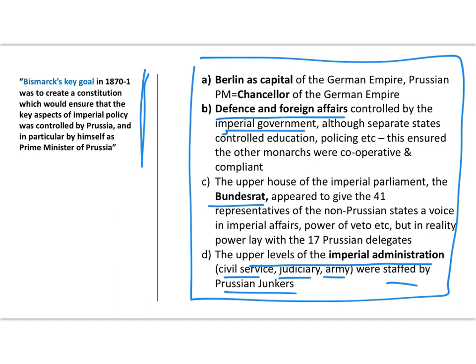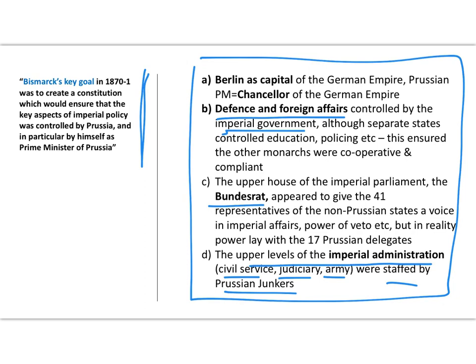So that's all examples of the type of evidence you could use, your precise knowledge, to substantiate and show that Bismarck successfully developed a constitution, the goal of which was to strengthen Prussian control over Germany. It's very relevant to the question. Okay, so there's your first paragraph.